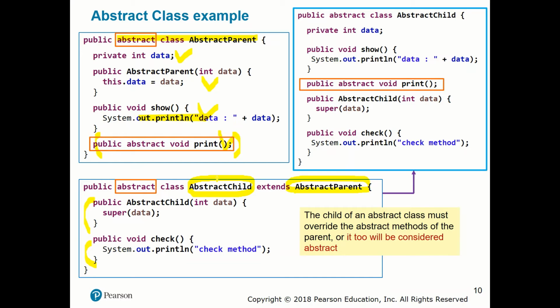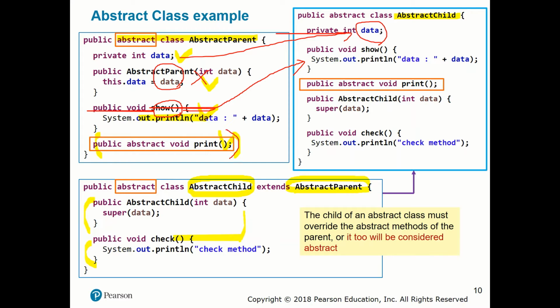Can you understand what I'm talking about? In other words, an abstract method exists in this child class. You can think of this as an abstract child class after inheritance. As you see here, this is from the parent, and constructors are not inherited by the child, so we don't have to think about the constructor. The show method is inherited by the child, okay?